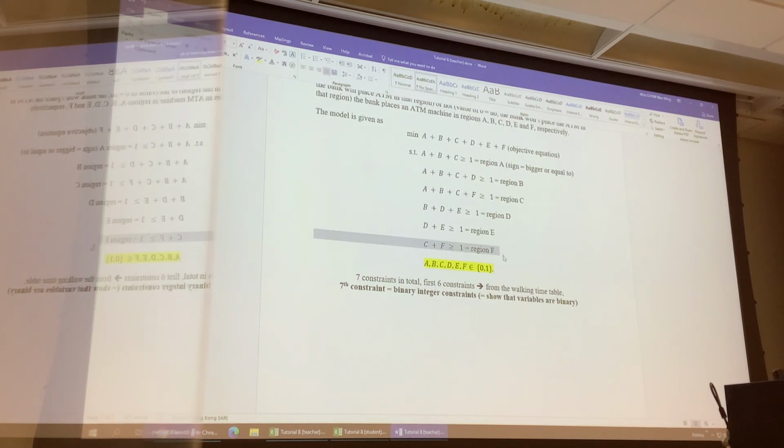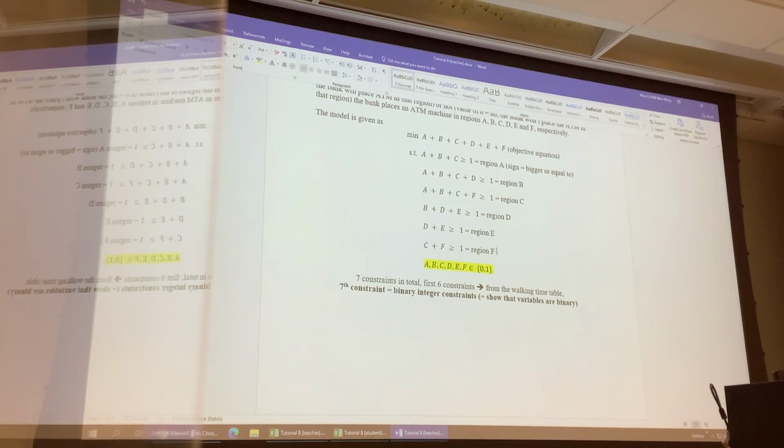That is matching the F, right? C plus F bigger or equal to 1, that is meaning region F. So you may notice that if that is region F constraint, it must have F here. Okay, if that is region E constraint, it must have F and E here. So be careful when you are forming the constraint equation.